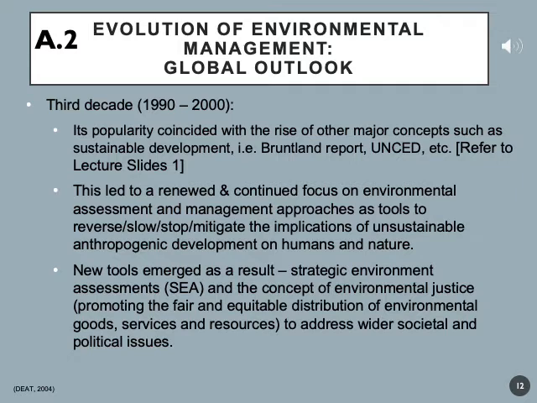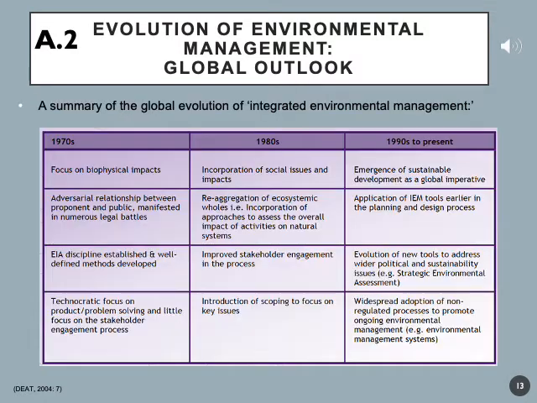New tools emerge as a result, such as strategic environmental assessments and the concept of environmental justice to address wider societal and political issues. Here is a table that neatly summarizes this global evolution of integrated environmental management over these 3 decades.